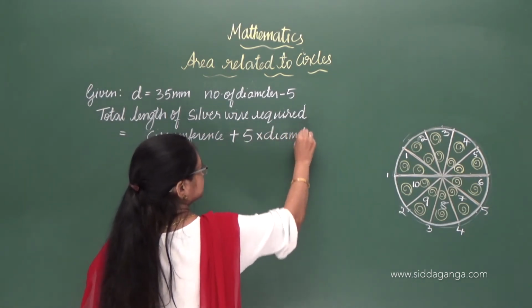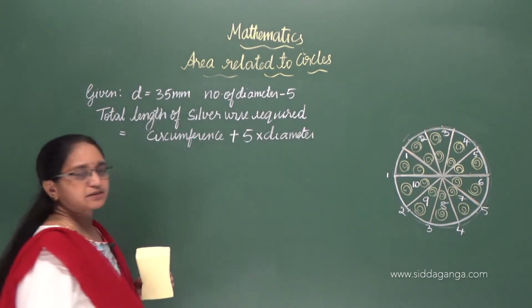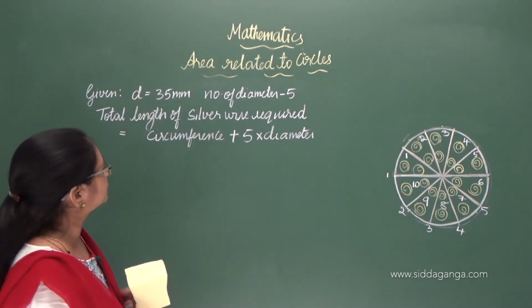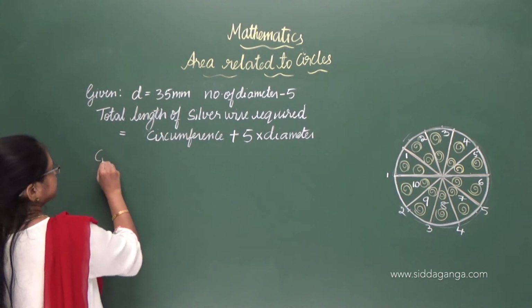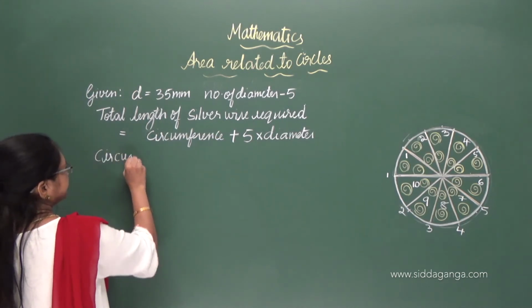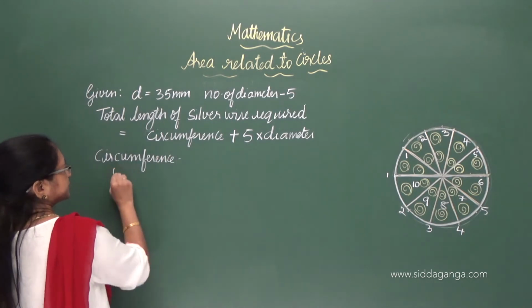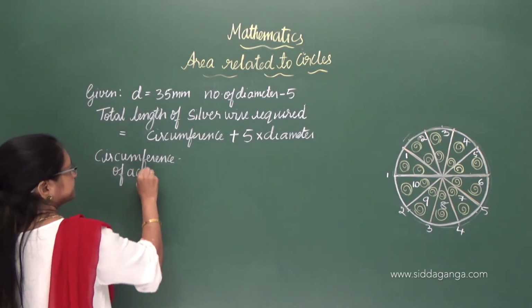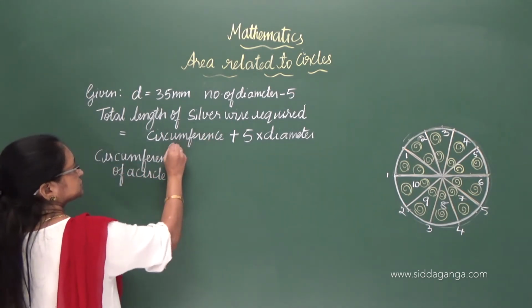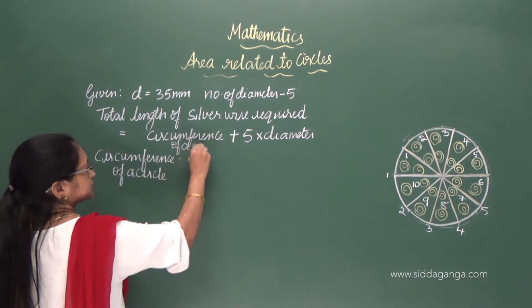Did you understand? Circumference plus 5 into diameter. So let us find out the circumference first. Circumference of a circle.